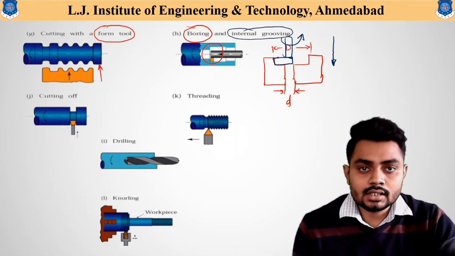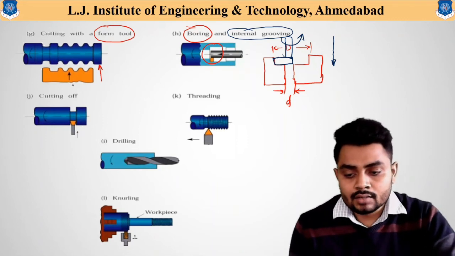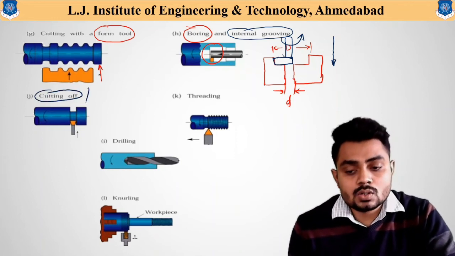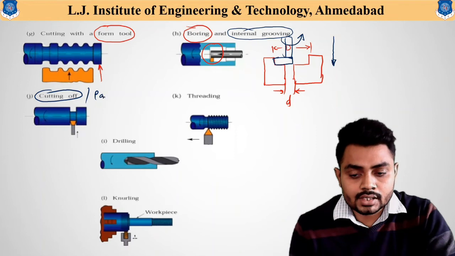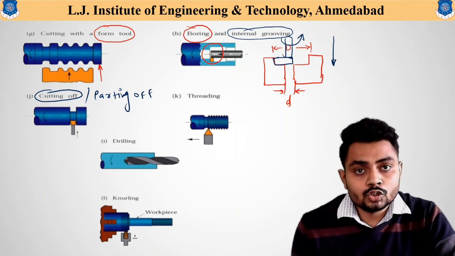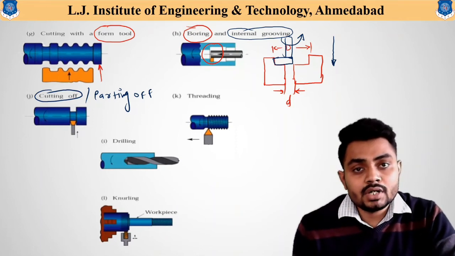Now grooving can be understood very easily, as we have discussed what external grooving and face grooving are. Now the next one, that is the cutting off, or this operation is also called the parting off operation. This operation is helpful to generate a part on the workpiece, or also to cut the component from any particular length.